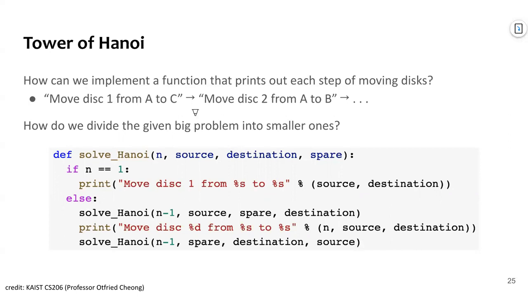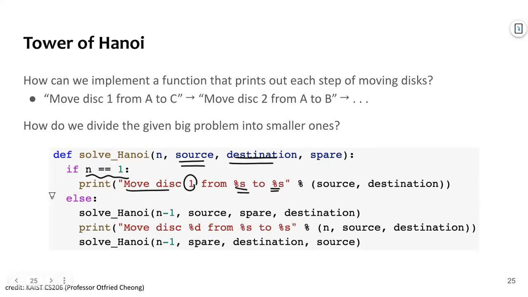So the base case is when we have just one disk, then what we are going to do is move this disk 1 from source to destination. That's all we need to do. So if we have just one disk, then the problem becomes very, very simple. We're just moving that disk from source to destination.